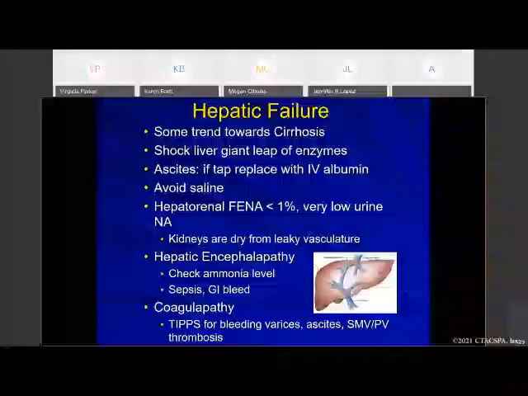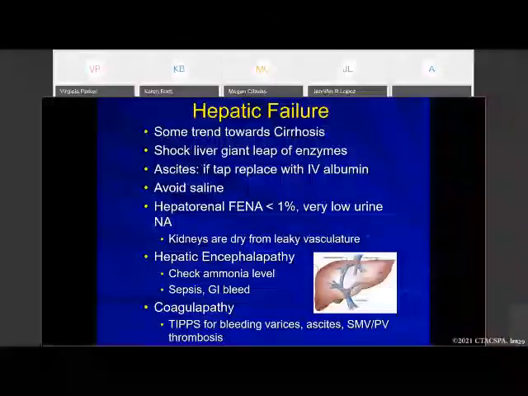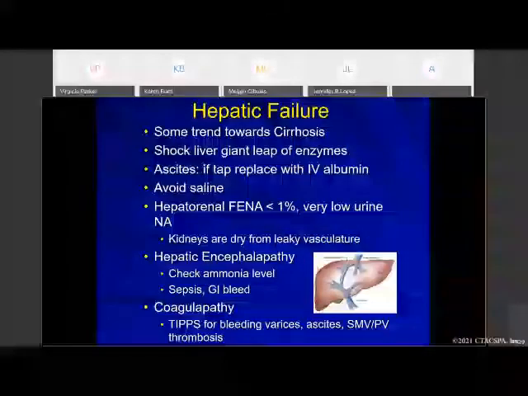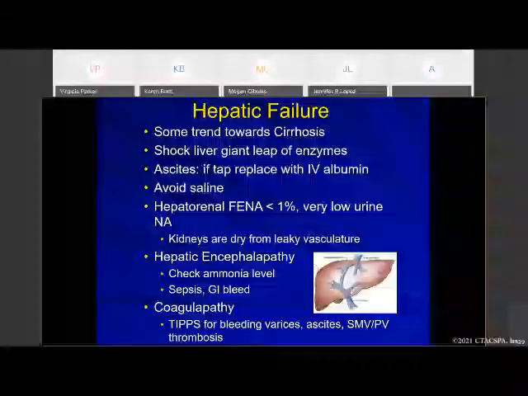You have bad ascites that's causing a lot of pressure or a lot of fluid shifts. You can tap the patient. You usually replace it with IV albumin. You want to avoid a lot of salt because it'll just go into the ascites and increase the amount of fluid. People who have bad ascites can get hepatorenal syndrome.